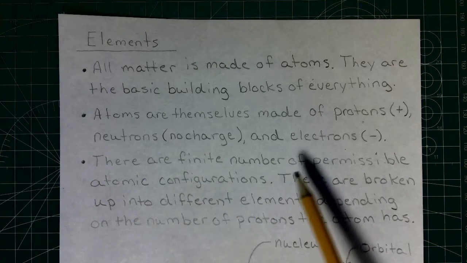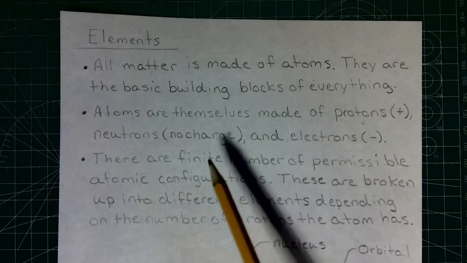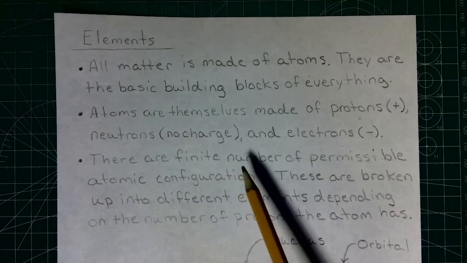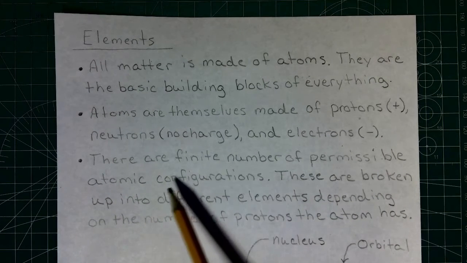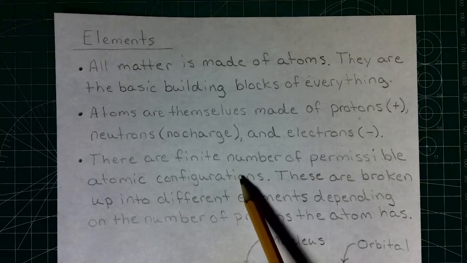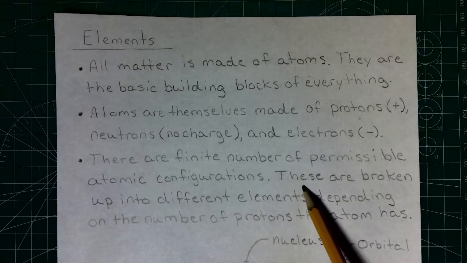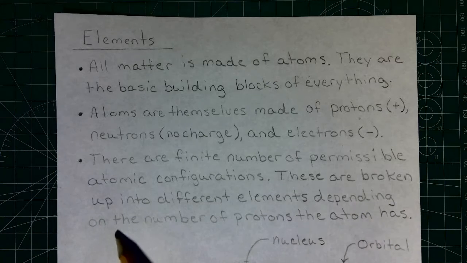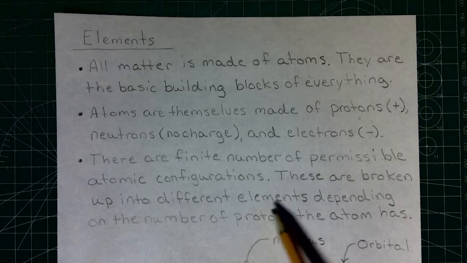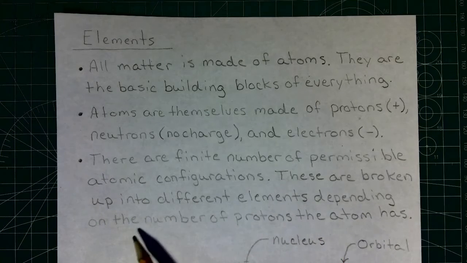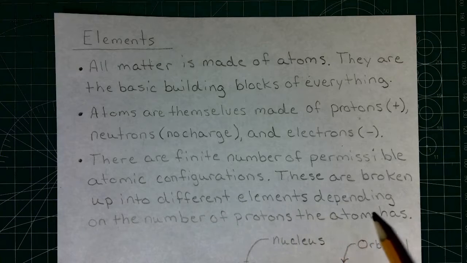We can only arrange protons, neutrons, and electrons in a limited number of configurations that are going to work. And these are broken up into different elements depending on the number of protons the atom has.